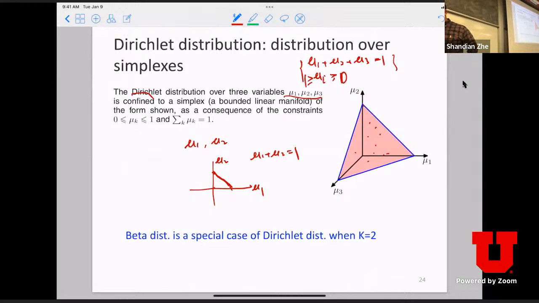It's not hard to verify that the beta distribution, as a special case of the Dirichlet distribution, takes k to be 2. Any questions so far? Hopefully this is natural to everyone because it's just an extension of the beta distribution.